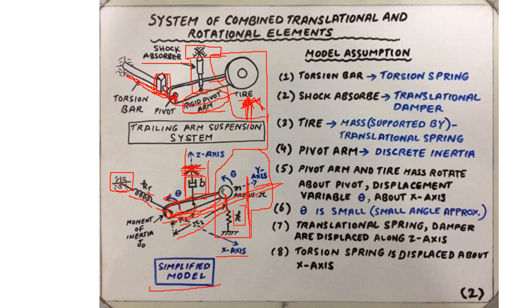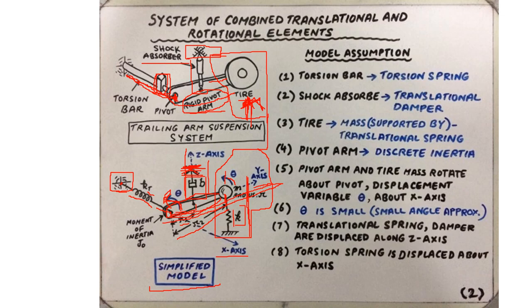How does this motion come about is an interesting question. The way this system works is that the torsion spring is going to exert some torque, which is going to rotate this pivot arm about the x-axis. And there is going to be a corresponding rotation on the other end of the pivot arm, that is the end where the tire, or the whole wheel assembly and the tire, is attached.